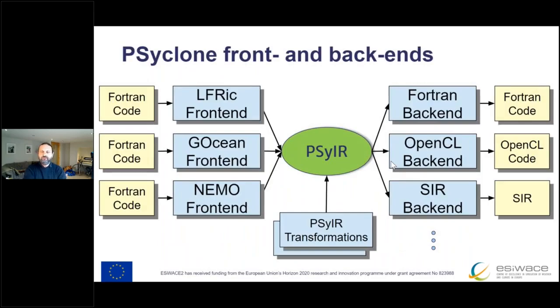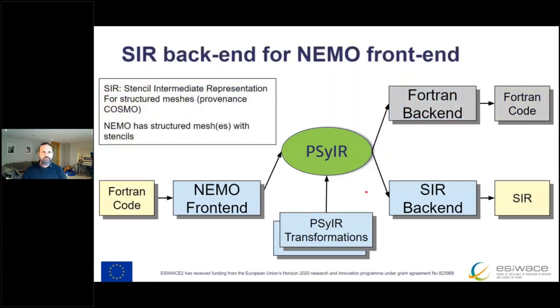So you've seen this picture in various forms. Sergi showed this before, and you might have been wondering about this SIR thing down here, which we haven't talked about. I think we talked about all the others. So that's what I'm going to talk about. I should probably say what it is.